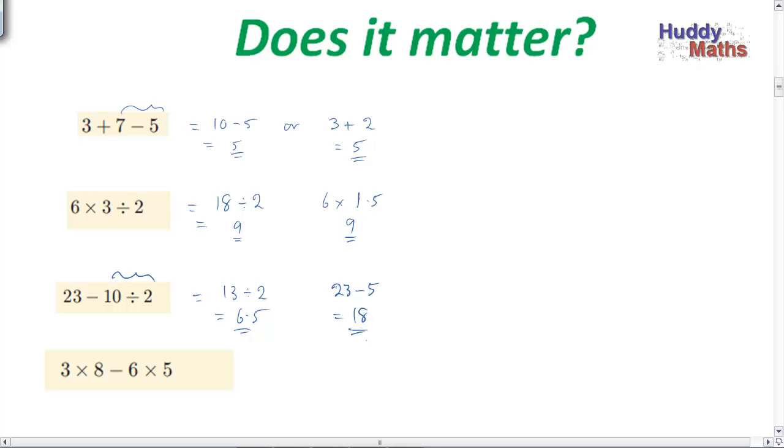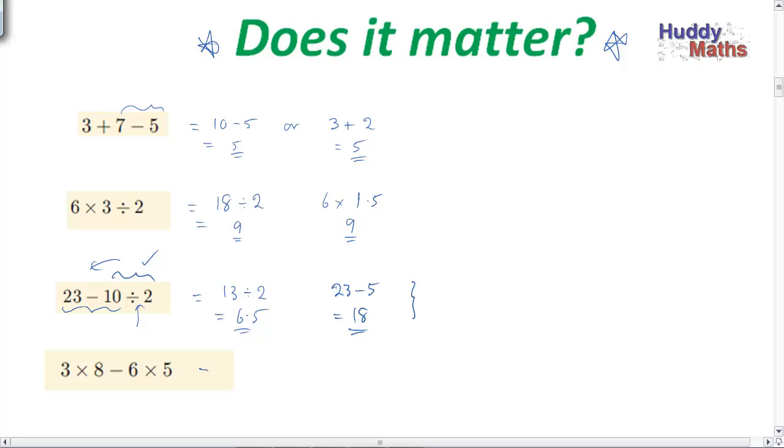We get a different answer here. These two answers are different depending upon whether we do this first and then that, or this first and then take it away from 23. Do you get it? Pause it and just have a look. It looks like, yes, come up here, it does matter.